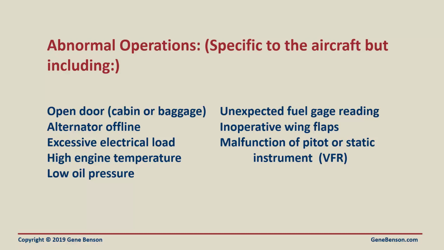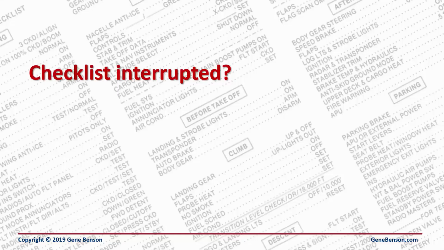Creating an abnormal procedures checklist also serves as a good learning exercise in better understanding the airplane's systems. It is not uncommon for the execution of the checklist to be interrupted by a radio call or by something else. Whenever the checklist is interrupted, it is important to avoid inadvertently skipping an item. The recommendation to avoid that is to go back 3 steps and resume from there.